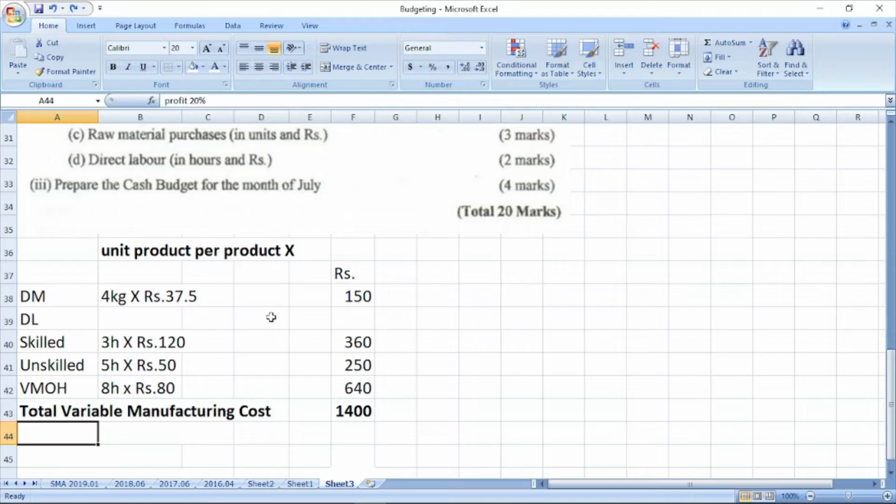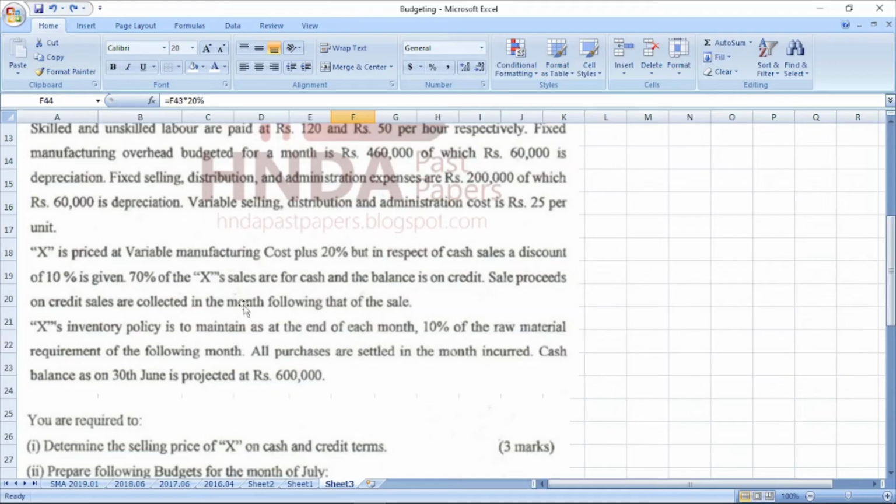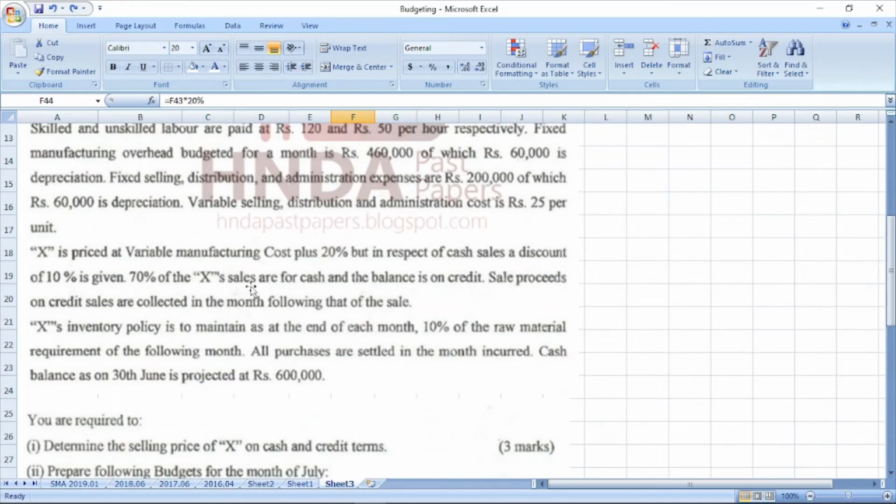How do we calculate the profit? The cost is 1400 into 20%, it is 280. So what is the discount?